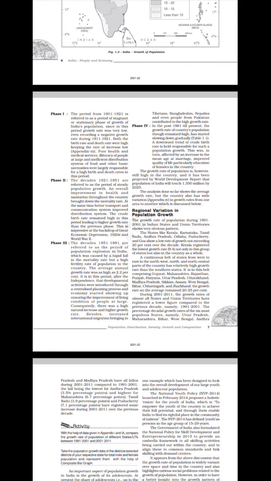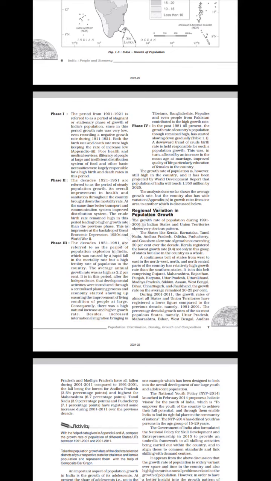A continuous belt of states from west to east in the northwest, north, and north central parts of the country has relatively higher growth rate than the southern states. It is in this belt, comprising Gujarat, Maharashtra, Rajasthan, Punjab, Haryana, Uttar Pradesh, Uttarakhand, Madhya Pradesh, Sikkim, Assam, West Bengal, Bihar, Chhattisgarh, and Jharkhand, that the growth rate on the average remained 20 to 25%.